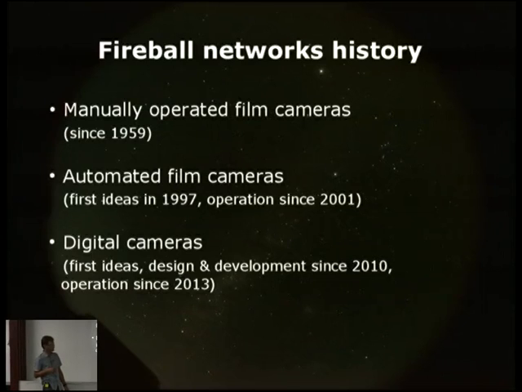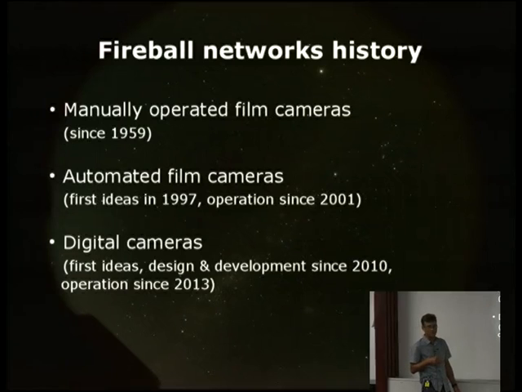So at the beginning there were manually operated film cameras. Then in the late 90s, we started to develop automated film cameras, and nowadays, about 3-4 years ago, started the development and deployment of digital cameras that will slowly replace those film cameras.